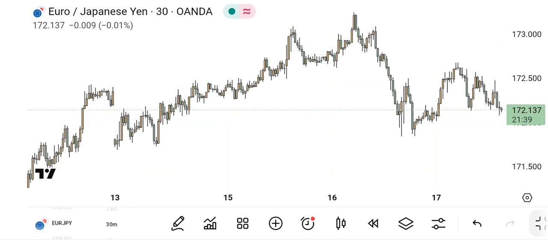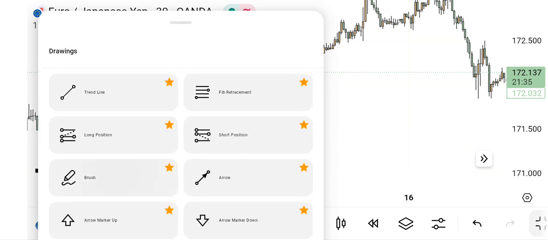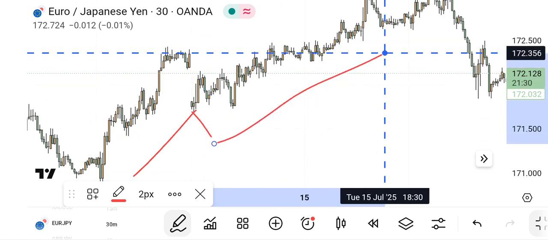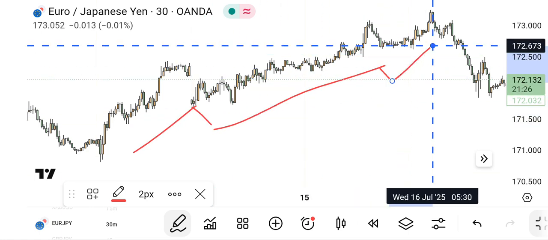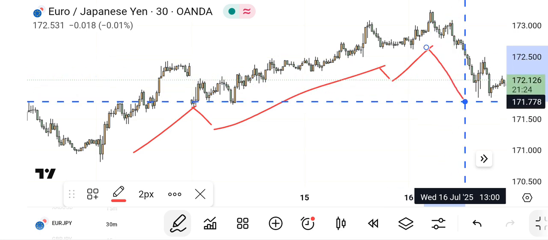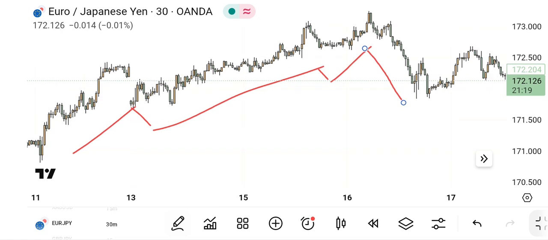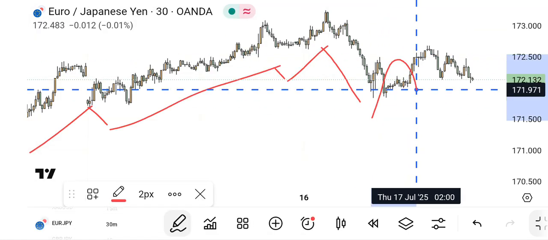If you notice, the market has been trending up from here, retraced, then continued, retraced a little, then continued before the down. After the market came down, it started ranging from here.